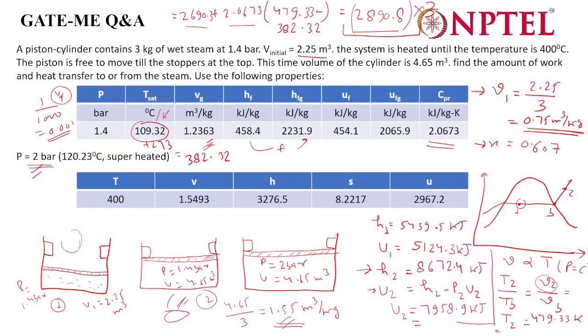8672.4. So H2 we are knowing, P2 is 1.4 bar. So convert that to kilopascal, and for V2 put this whole volume 4.65 because it is the whole volume here. So how much is it coming? You tell that value. 7742.54. One minute, how much are you telling? 7742.54.